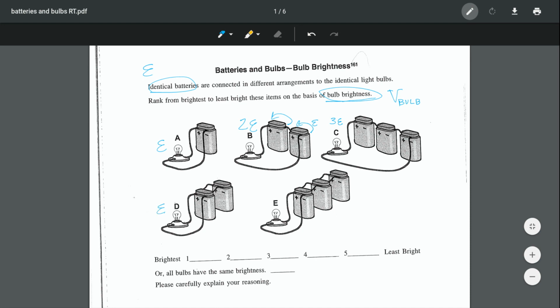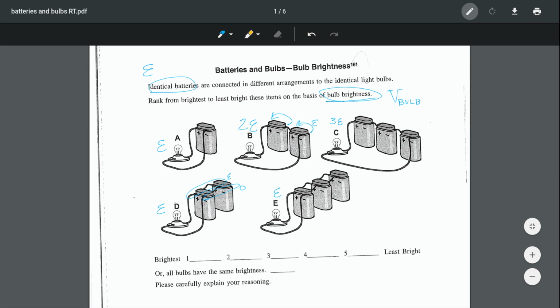This light bulb is still wired from the low side of the battery here, which we could call 0, to the high side of these 2, which we can call E. So the potential difference is still just E for that particular light bulb. And then this final case is the same, and I could wire 100 batteries here in parallel, but this light bulb is still just going to have potential difference E across it.